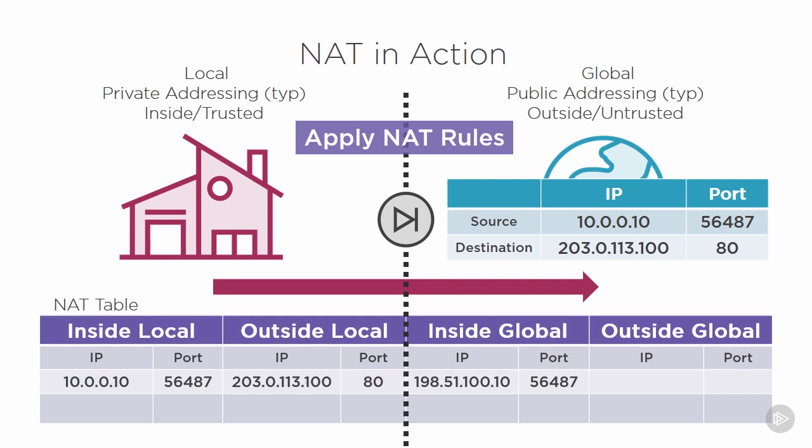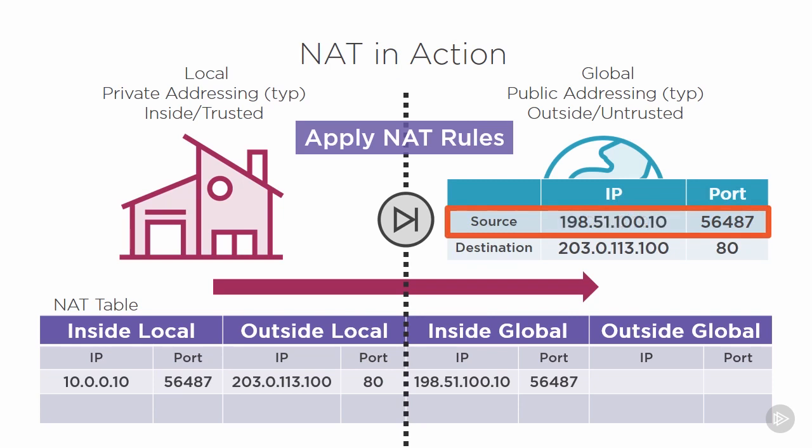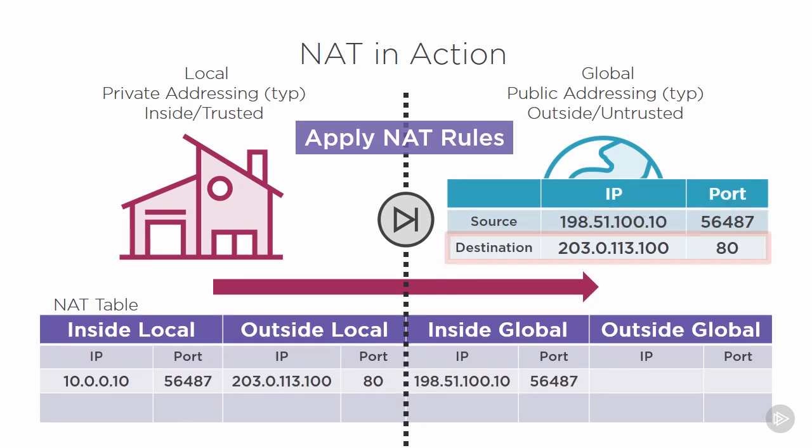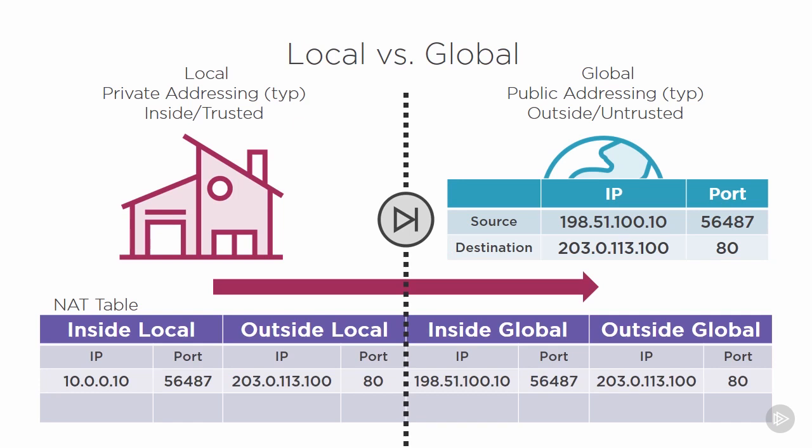We're going to record that in our NAT table as our new inside global IP address. So when the packet is on the global side of the network, the source IP address is going to be that public IP. So we change our packet header. Before we forward that message on, we need to record our outside global address, which is again our destination address. Now we can forward that message out to the internet.